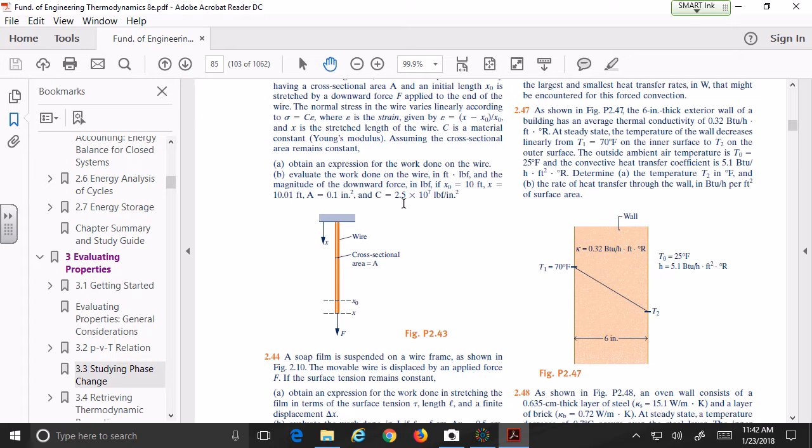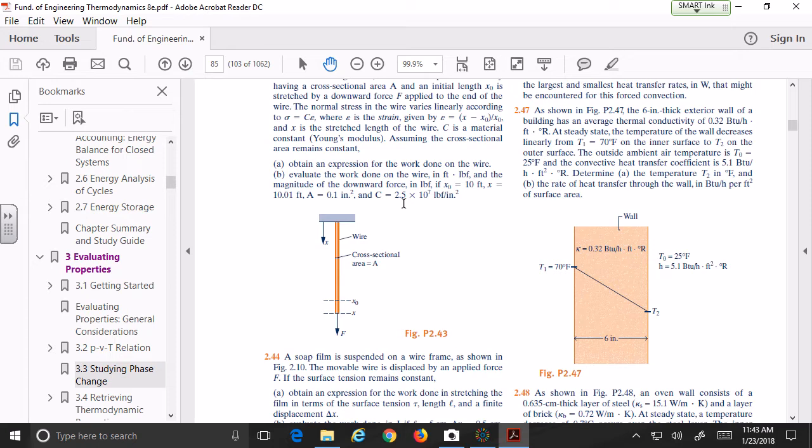So basically what is that figure? It is a 6 inches thick exterior wall. I'm calling the thickness L, just to let you know.